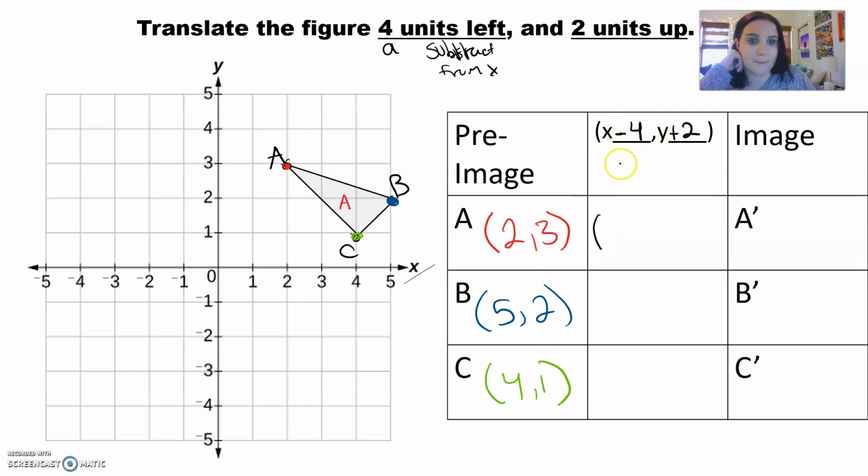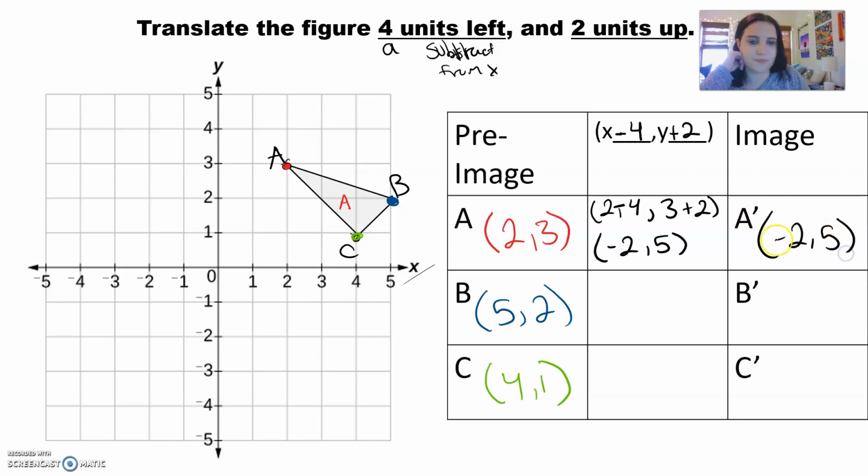So 2 minus 4, here I'm going to write it 2 different ways. 2 minus 4, comma, my y value is 3 plus 2. 2 minus 4 is negative 2, and 3 plus 2 is 5. So my image A prime will be negative 2, 5.